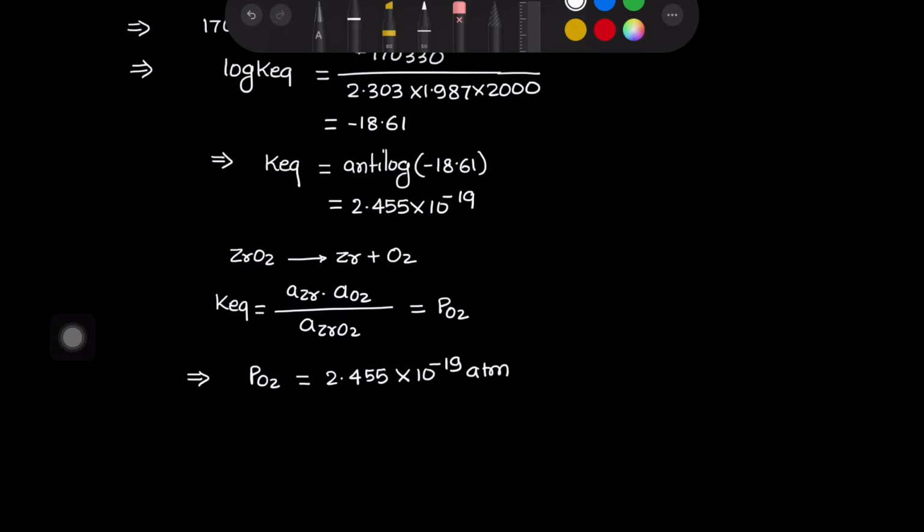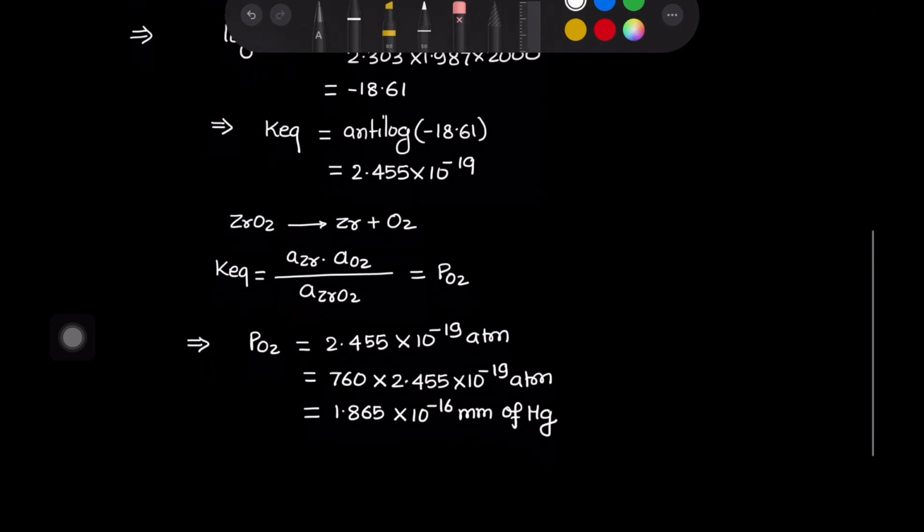Now we have to convert this into mm of Hg, so we will multiply with 760 because 1 atm is 760 mm of Hg. Now if you further solve it, it will be equal to 1.865 into 10 raised to minus 16 mm of Hg.